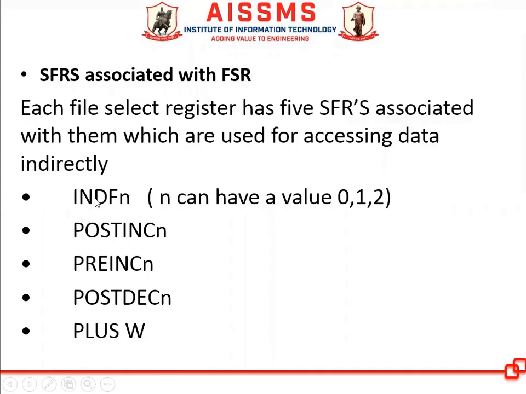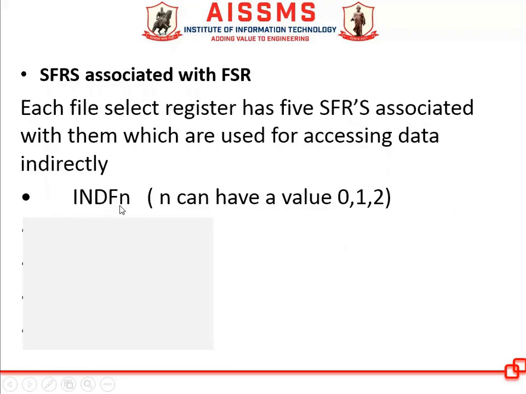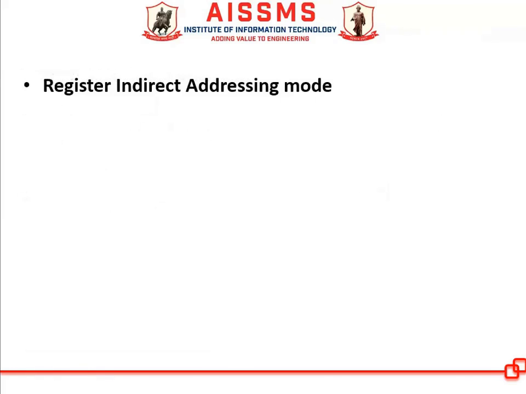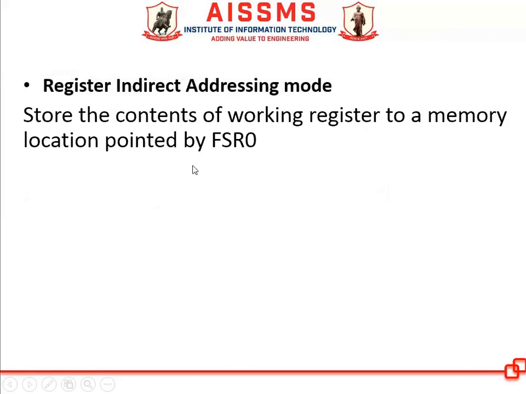We'll concentrate on the first register, which is INDF. N has a value of 0, 1 or 2 because there are 3 file select registers. What INDF 0 does, we'll understand through a small program. Suppose we need to store the contents of working register to a memory location pointed by FSR 0.